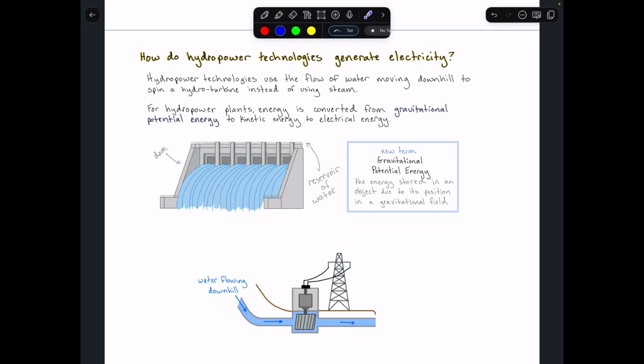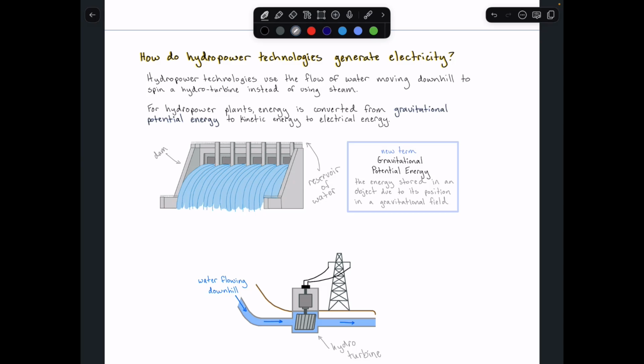There are then hydro turbines that are placed in the path of the water that take the kinetic energy of the water and convert it into rotational kinetic energy. So here, this is realistically more what a dam looks like, but if we have a simplified drawing here of what's going on, water is flowing downhill here, and it's gained a lot of kinetic energy when it gets to the bottom of the hill, and that water then comes into contact with a hydro turbine.